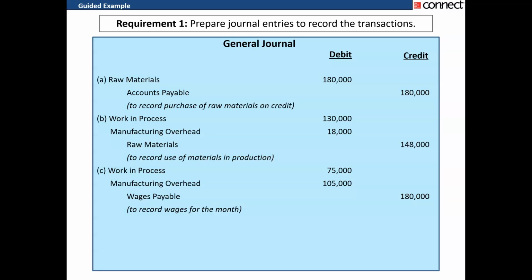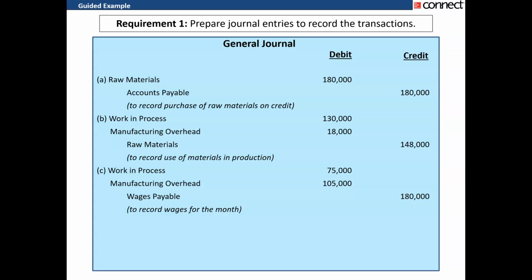C, record wages for the month. In the journal entry C in the previous slide, I talked about how part of it was direct labor, part of it was indirect labor. The direct labor part goes to work in process inventory of $75,000. The indirect part goes to manufacturing overhead of $105,000. Direct labor is the assembly line, the workers who are making the product.